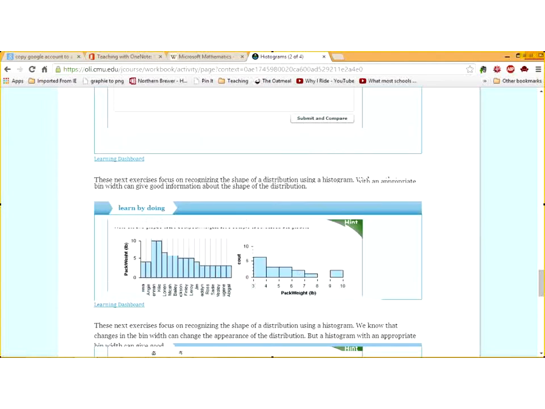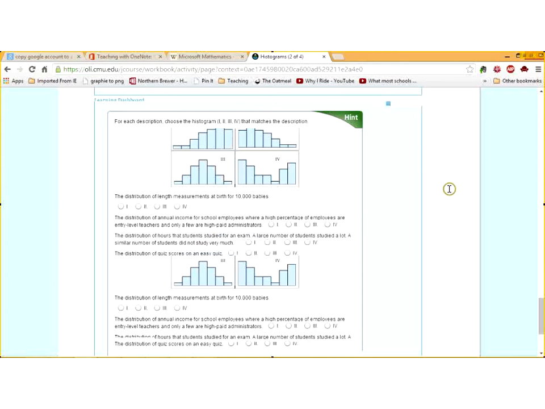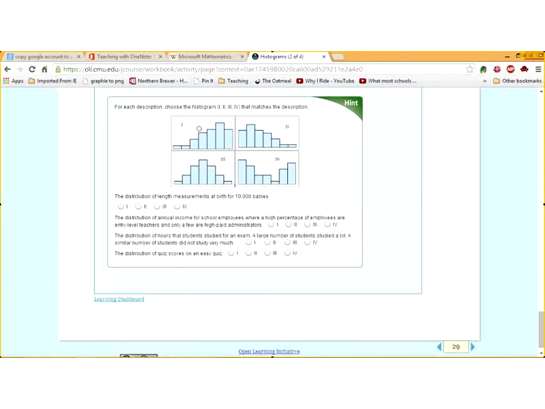All right, so it says use the output to answer these questions, and then a little more on histograms, and then one where you have to think about the pattern of the data and what the variable might be. Like weights of birth of 10,000 babies. Do you think most of them are heavy and just a few are light, or most are light and a few are heavy, or most are kind of middle and some are lighter and heavier but not equal, or very few are in the middle and lots of heavy and light babies?